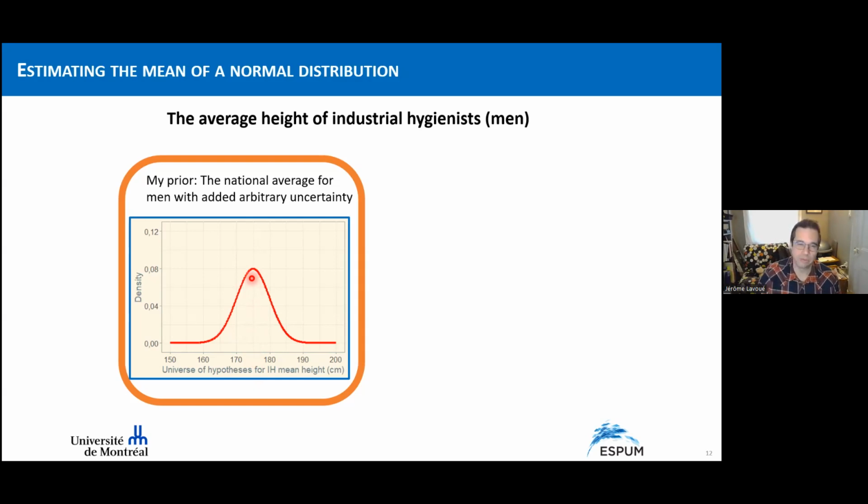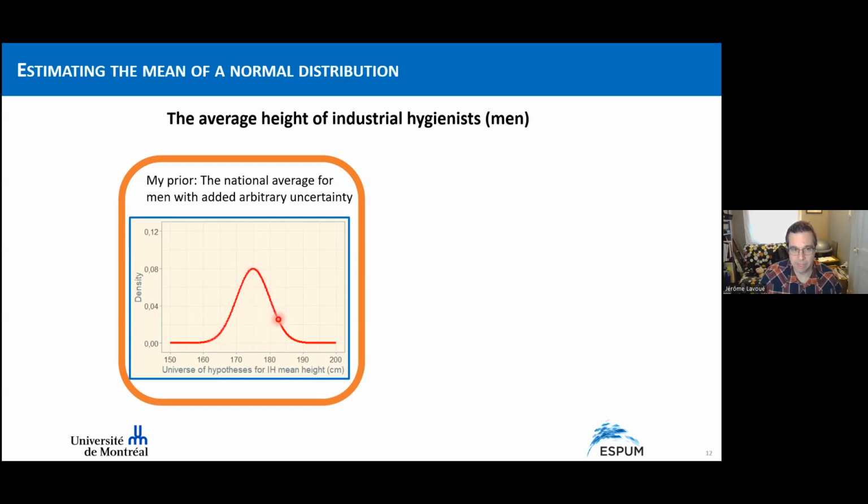The most likely value for me is 175, but I need to draw some uncertainty around that value, because if I don't allow uncertainty, the data is not going to be used for anything. So I say, okay, the likeliest mean would be around 175 centimeters, and then the likelihood decreases, and it might be as low as 165, but it's not super likely.